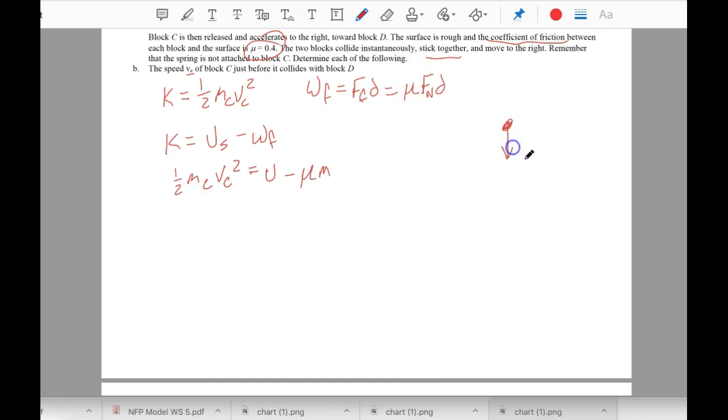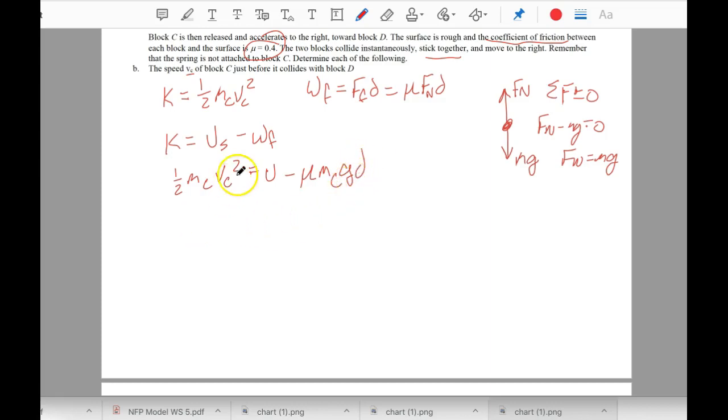For this block, straight down is mg and straight up is the normal force. Because the sum of the forces is equal to 0, since it's not moving up or down, Fn minus mg is equal to 0, and that means that Fn is equal to m times g. So here we have the mass of block C times gravity, and then we multiply times the distance that it travels.